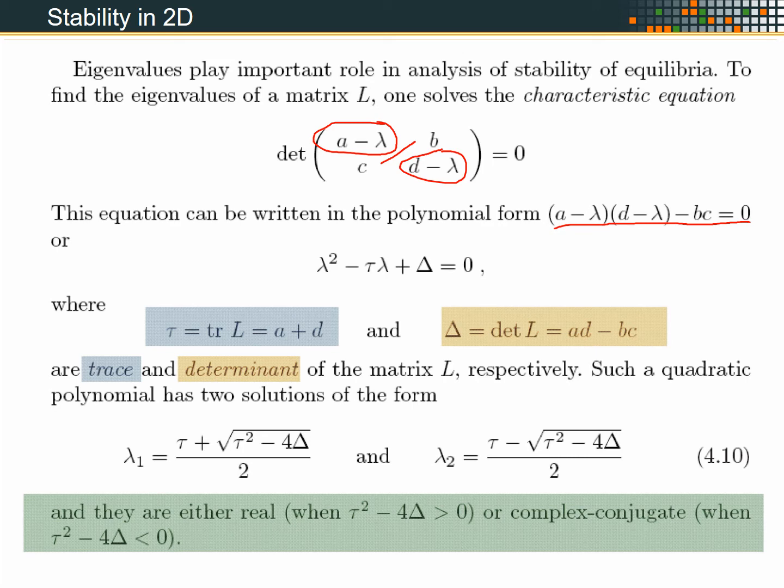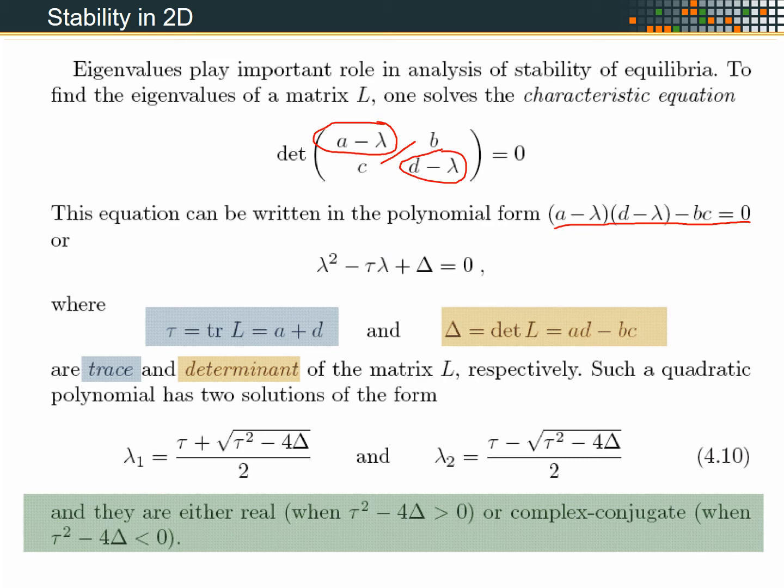To solve this, we collect all the terms that are going as lambda squared, all the terms that are multiplied with lambda, and all the terms that do not include any lambda. We then identify that we can actually rewrite this in a simple fashion by substituting the coefficients.